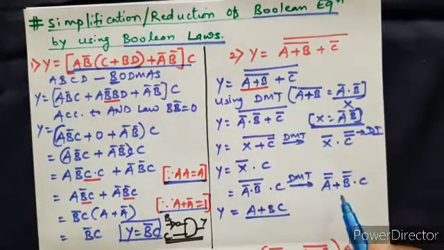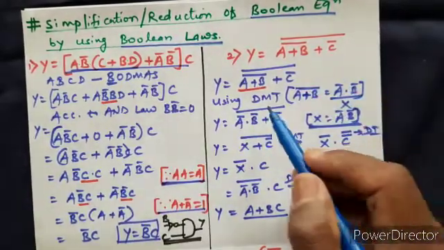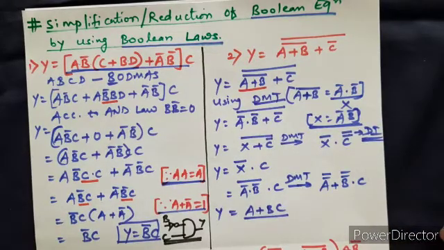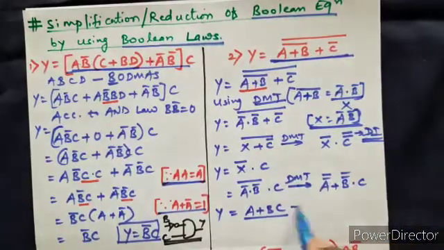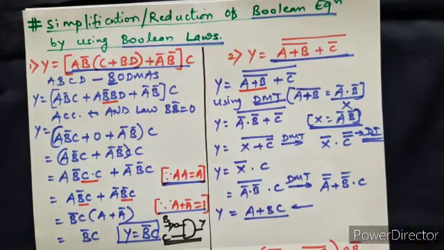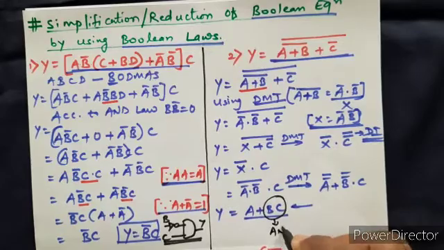Okay, so here you can see I have simply used De Morgan's theorem and double inversion law, and I have reduced this equation to this. Now if I am to implement this, so I have this B and C, I'll require an AND gate.